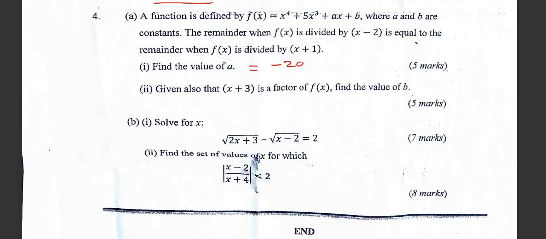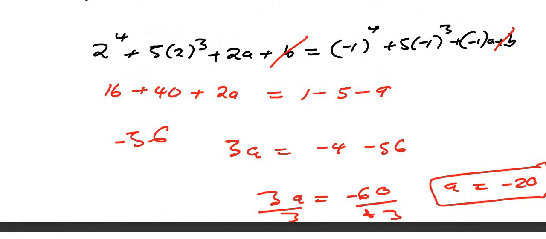So if you put your -20 there, now you can get, they're saying, given also this is a factor, find the value of b. So meaning x is equal to -3 is a factor, which leaves a remainder of 0 whenever put in the whole expression. So we're saying, if we know what a is, we know f of x is equal to x to the power 4 plus 5x to the power 3, then plus -20x.